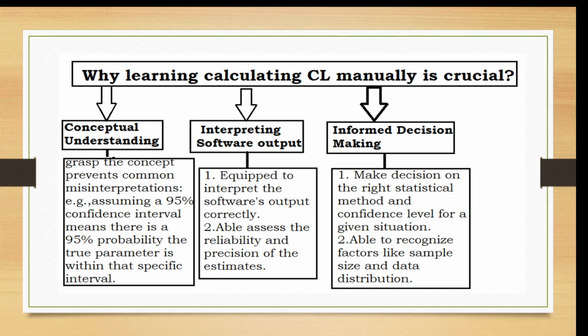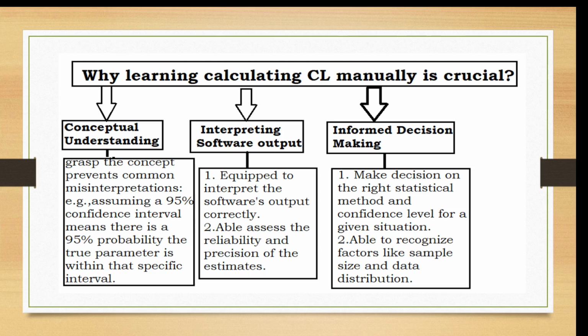The meaning of the 95% confidence interval is that if you repeated the sampling process many times, about 95% of the intervals created would contain the true population parameter, reflecting the reliability of the method, but not a probability for a single interval.